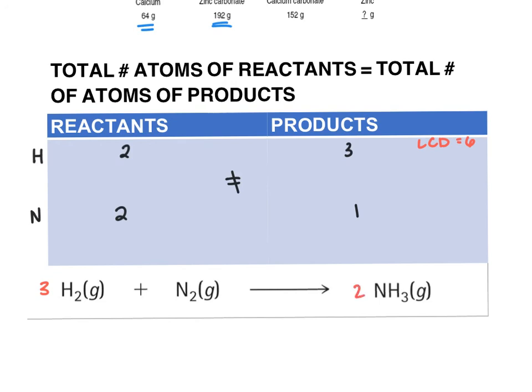When I do this, notice in my compound, the 2 is now going to be distributed to my N, giving me 2 N's on my product side. This now results in having an equal and balanced chemical equation. So now I am following my law of conservation of mass and I am good to go.